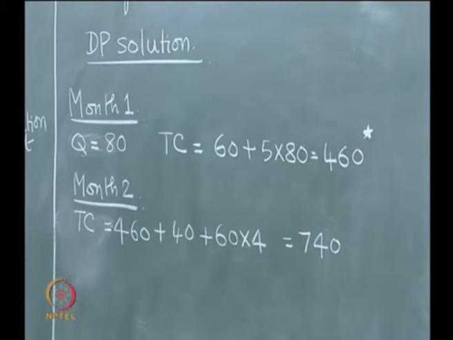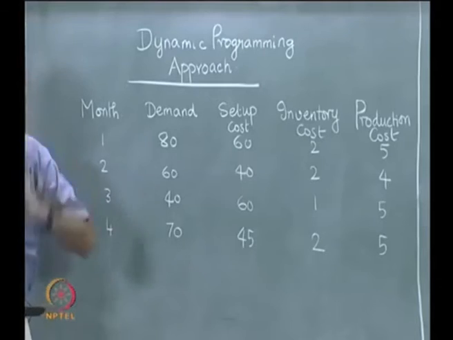The other way to meet month 1 and 2 demand is to produce everything in the beginning of the first month. So all the 140 units are produced in the first month.